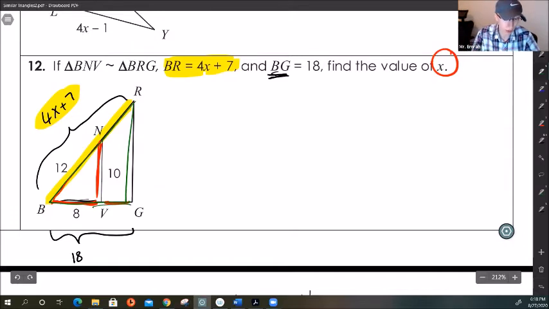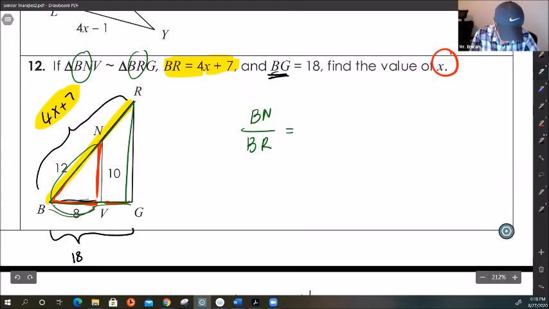Okay, so what are the corresponding side lengths? BN is given to me, and that corresponds to BR on the other one. Also this one is given to me, right? BV is the first and third letter, so the first and third letter here is BG.